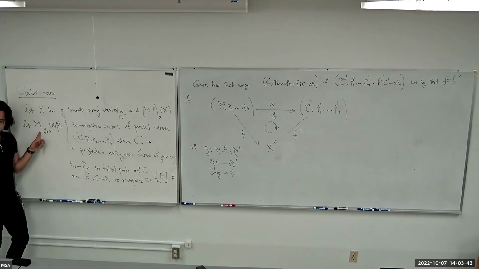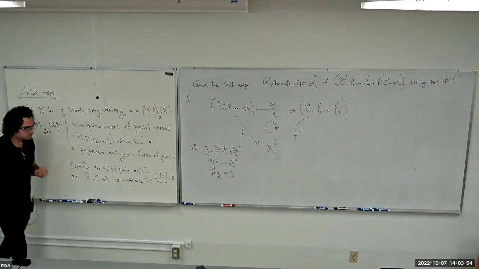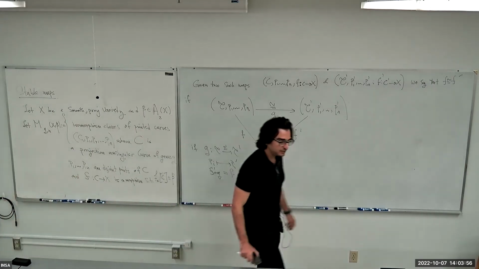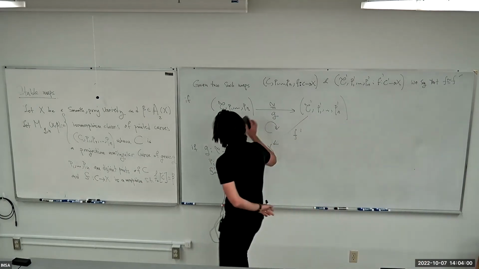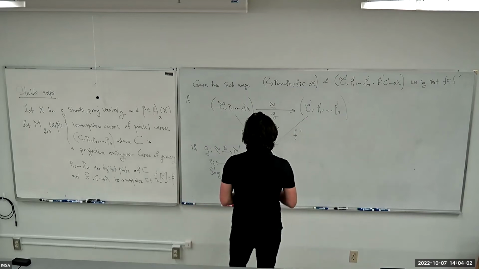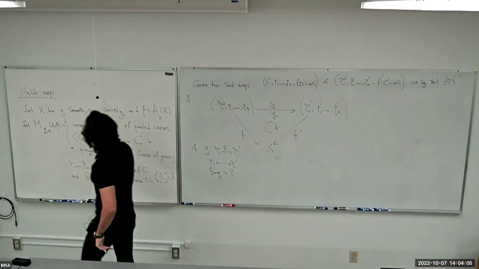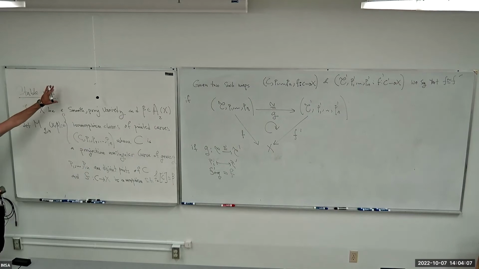Yeah, it's already stable. This space, I didn't say it's compact. It's an open set. It's just a set of isomorphism classes. So we don't yet know about the stability of these in this picture. Okay, so that's that. Good. But this topic is about the stable maps.